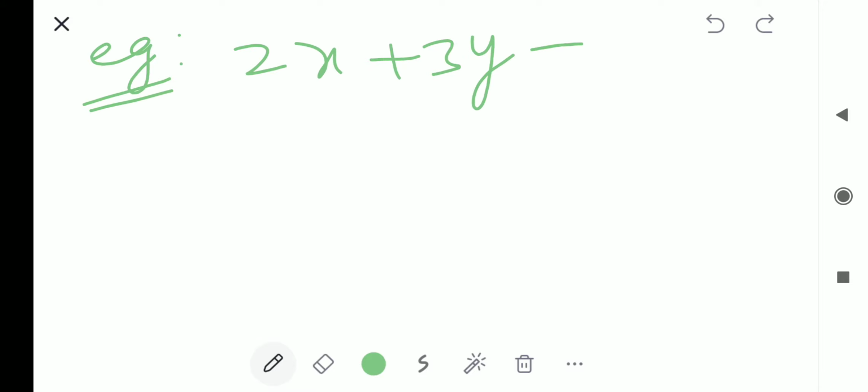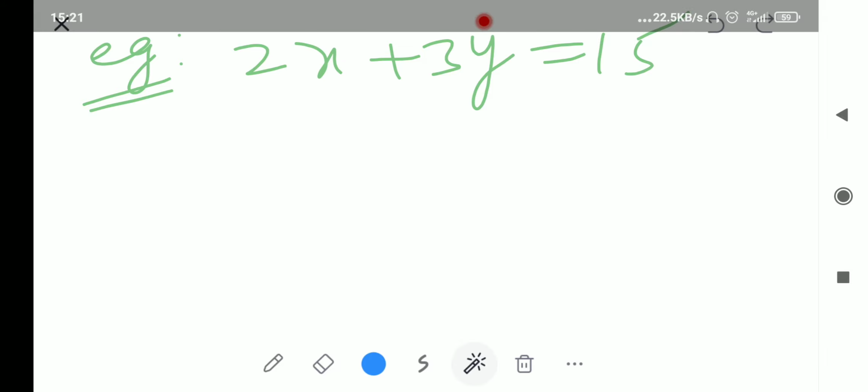Let me take another example. 2x plus 3y is equal to 15. If we take this, the power of x is 1, the power of y is also 1. So the degree is 1. Degree 1 means it is a linear equation. But how many variables are there here? 2 variables.